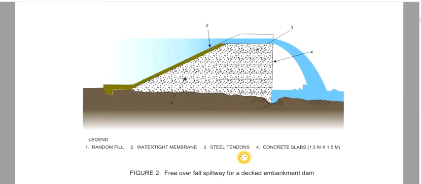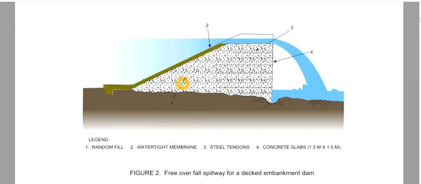For a decked embankment dam, this is your free overfall spillway. This is your upstream section, this particular portion for embankment dam. So here is storage of water, and this is your downstream section.